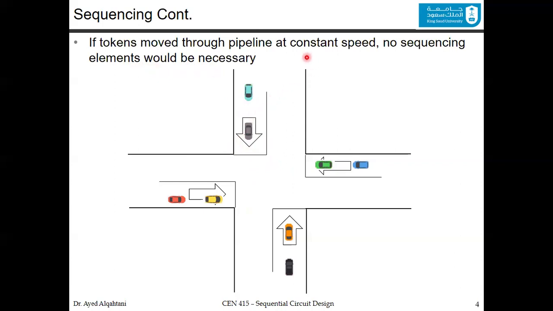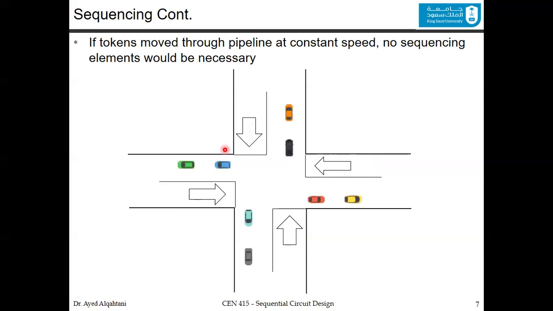If everybody is organized, equally spaced, and moving at constant speed, we don't need the clock or the traffic light, and the cars will move smoothly across the crossroad without accidents. There is no need for waiting and no need for sequencing. But this is not the case.